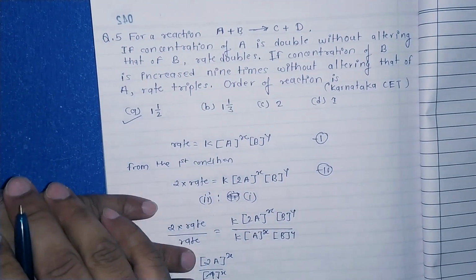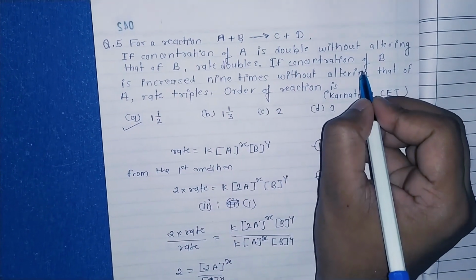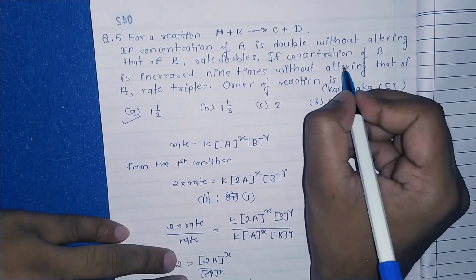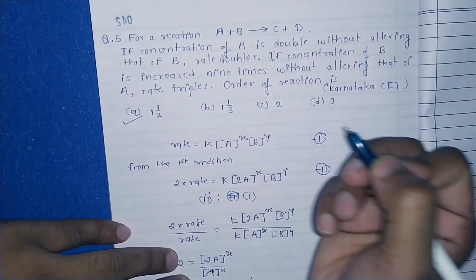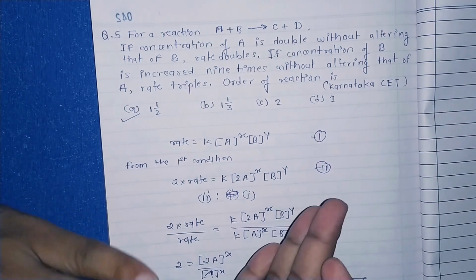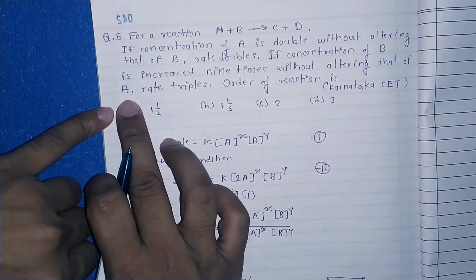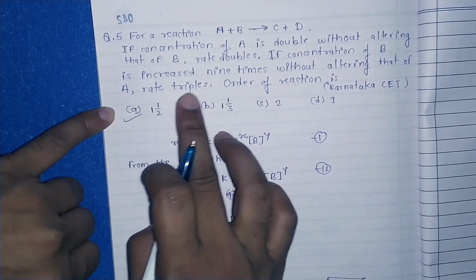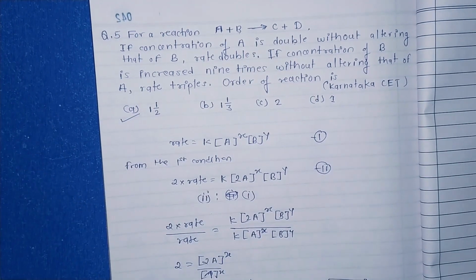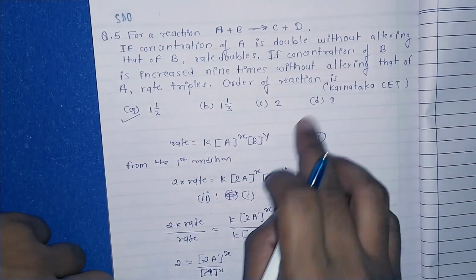And if the concentration of B is increased 9 times while keeping the concentration of A the same, the rate triples. Then what is the order of the reaction?